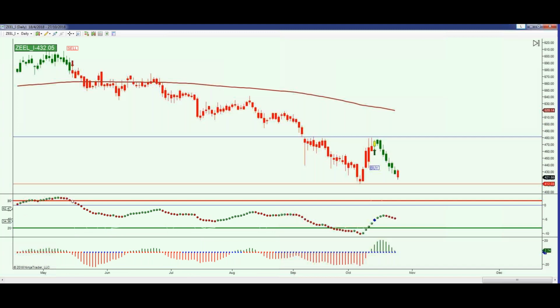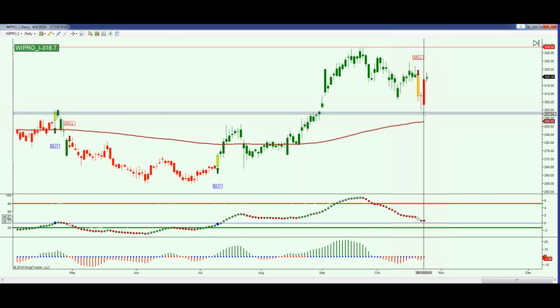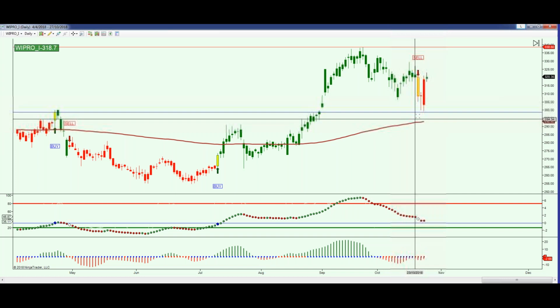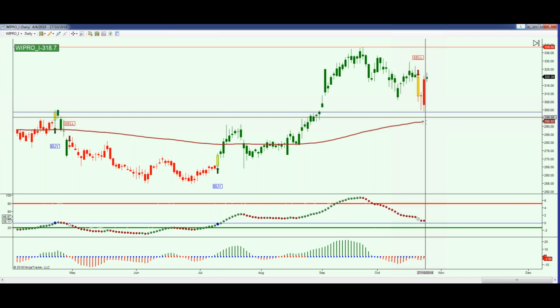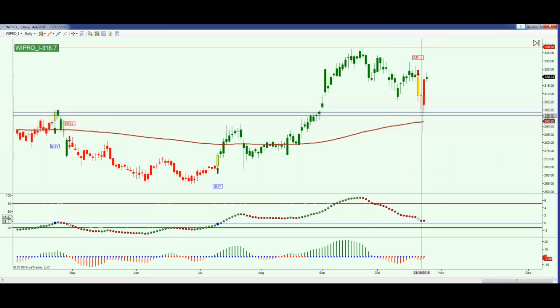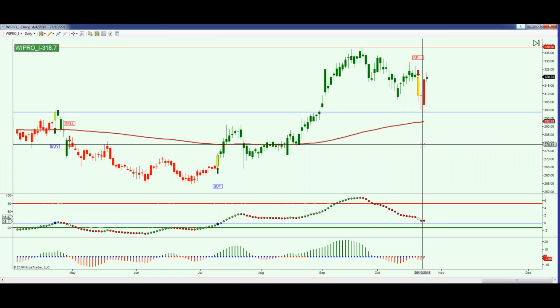So Wipro is another call which has not triggered. See, it is moving near its crucial support levels. Maybe in another few days, either Wipro will bounce back or it is going to fall very drastically. If it breaks this support, your target could be somewhere around 270 or 280.